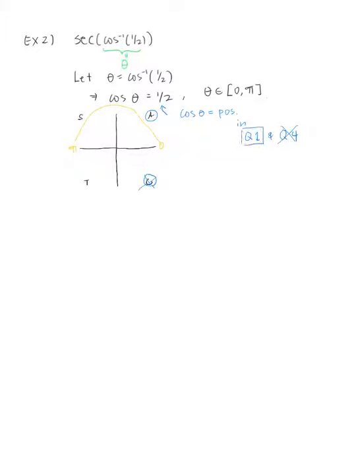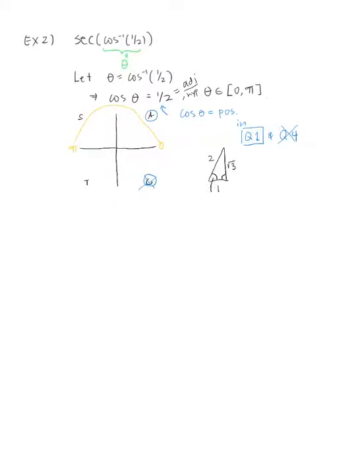Now cosine is adjacent over hypotenuse. So if I have to draw that triangle, the adjacent side of my angle theta has length 1 and the hypotenuse is length 2. Does it look familiar now?